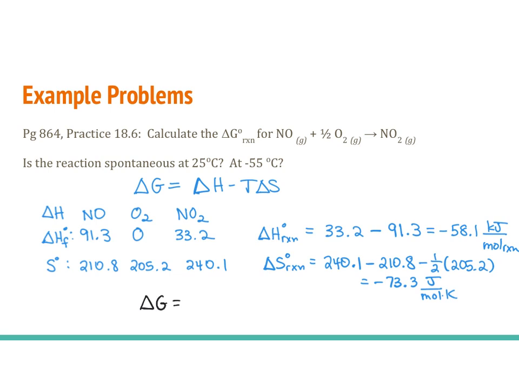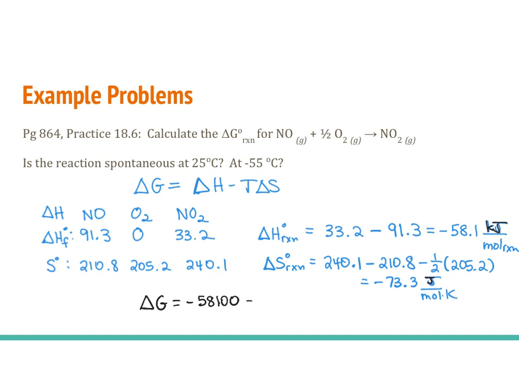We're asking, is it spontaneous at 25 degrees? Is it spontaneous at negative 55? We'll do 25 first. So negative, and I have to make units match. This is one of the two biggest things to mess up. Notice we got joules, kilojoules. I'm going to change this from 58.1 to 58,100 minus, and temperature has to be in Kelvin.